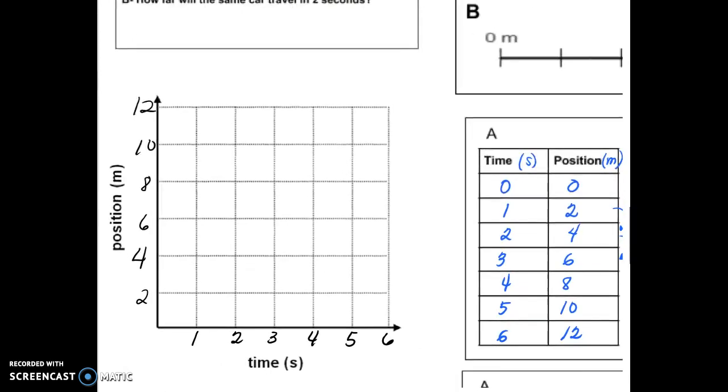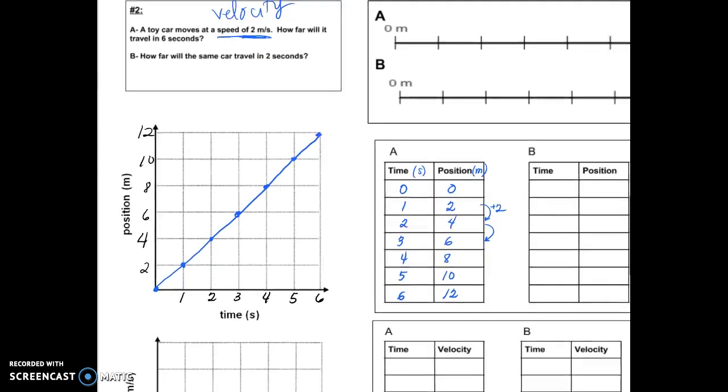All right, and it says that we started at 0, 0. At 1 second was located at 2, 2 was at 4, 3 was at 6, 4 was at 8, 5 is at 10, 6 is at 12, and it makes this nice straight line. When it's a straight line, it's a linear relationship, so that means it's constant velocity.